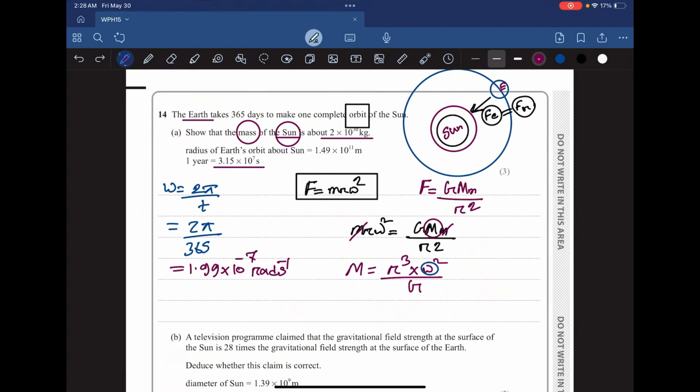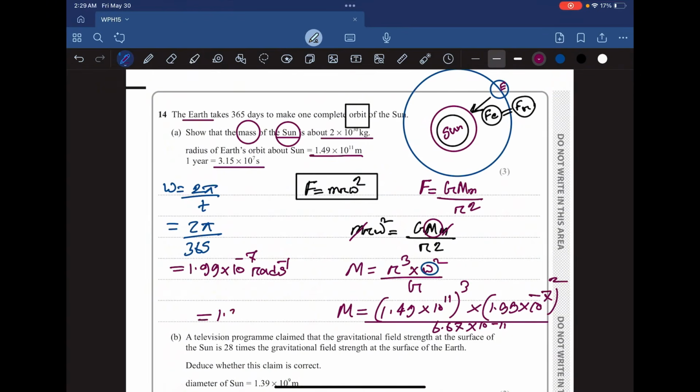Okay, so basically to get the M, we will write M is equals to, they have given us the radius, right? Did they give us the radius? Yes, they have given us the radius. So we will write 1.49 into 10 to the power 11 cubed, multiplied by 1.99 into 10 to the power minus 7 squared, divided by the G, and we know the value of G is 6.67 into 10 to the power minus 11, which will give us a value of M as 1.96 into 10 to the power 30 kg, which is basically the value that they have asked us to show.